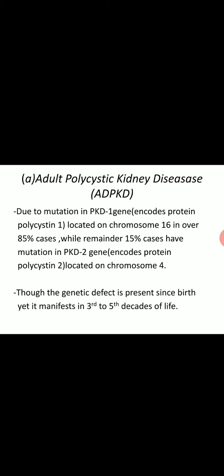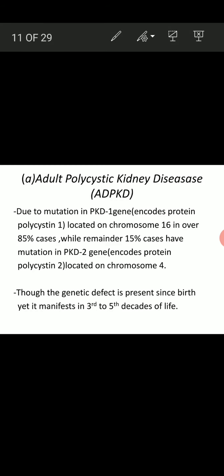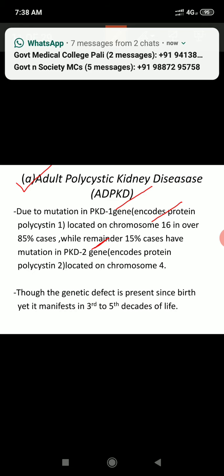Adult polycystic kidney disease, that is autosomal dominant polycystic kidney disease, occurs due to mutation in PKD1 gene, which encodes polycystin 1 protein located on chromosome 16 in over 85% of cases, while the remaining 15% of cases have mutation in PKD2 gene, which encodes polycystin 2 protein located on chromosome 4.